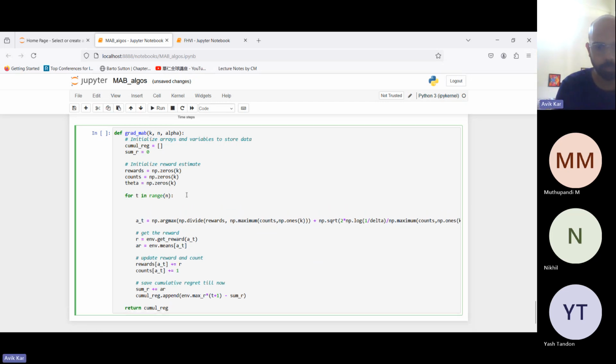Then from theta, we need to go to the distribution from where we sample our actions. So let us call it pi.